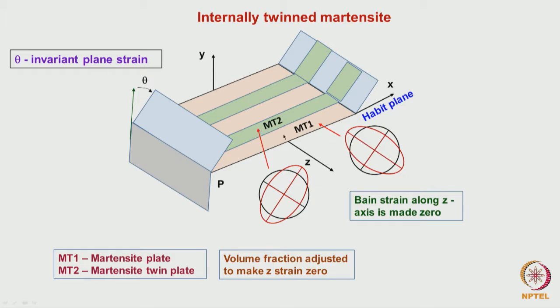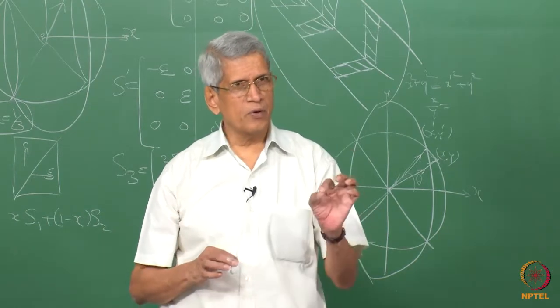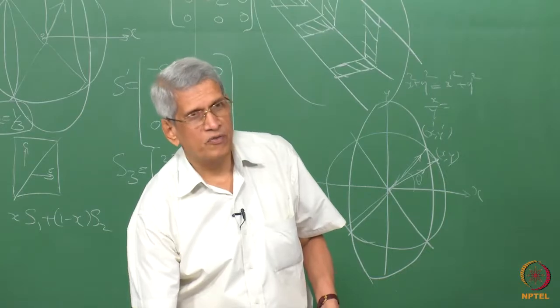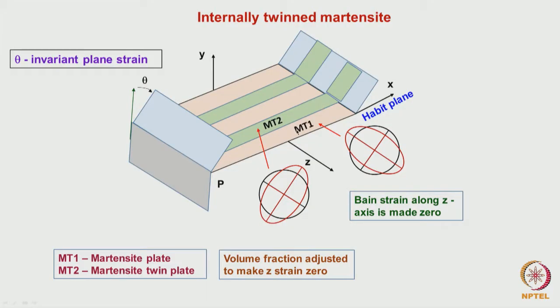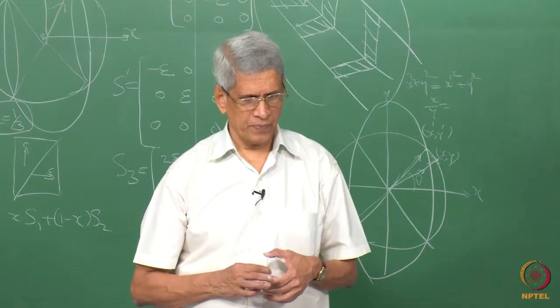So these two together, what will happen in this z direction? We will have a net strain which is going to be 0. That can be obtained by controlling the volume fraction of the martensite phase and its twin, correct. That is what we considered in the case of FCC to FCT transformation.